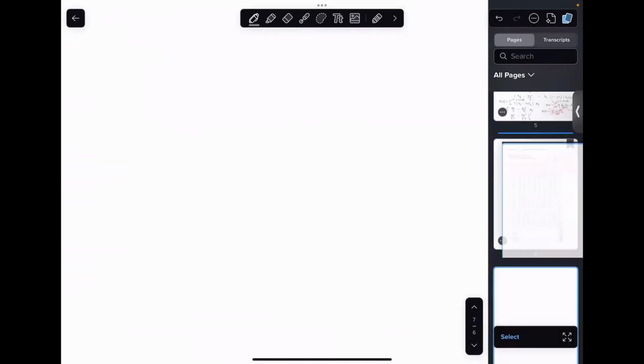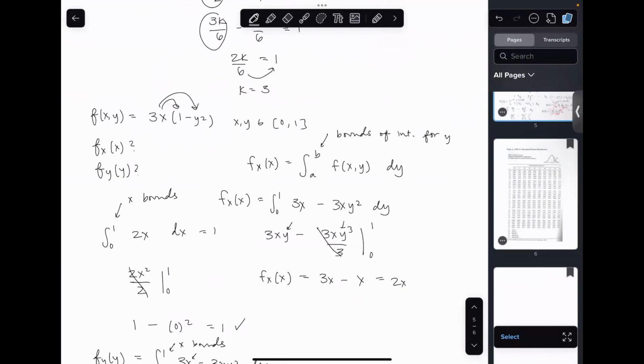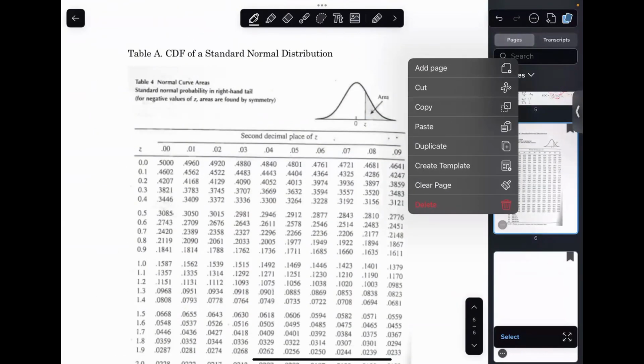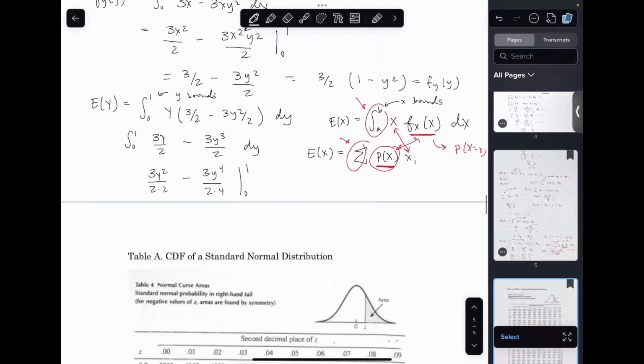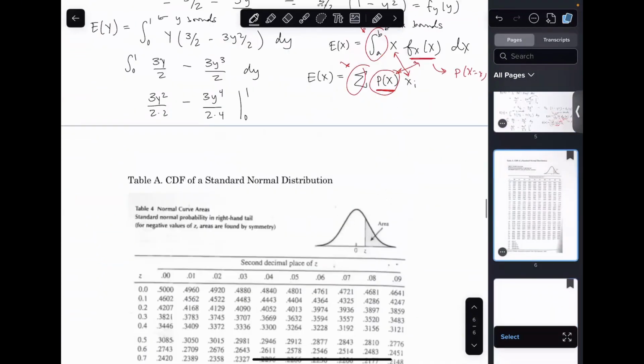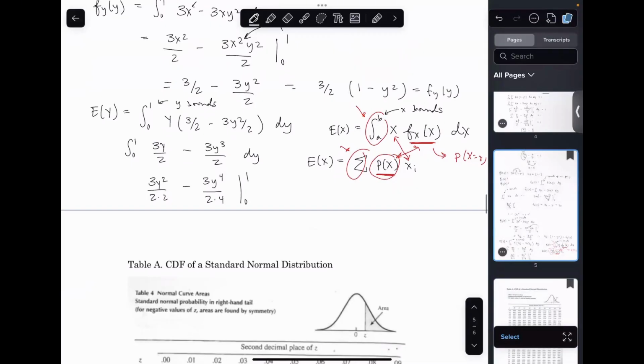Why is that not working? I don't know why that's not working. It's being weird and glitching out. But we're done with this anyway.